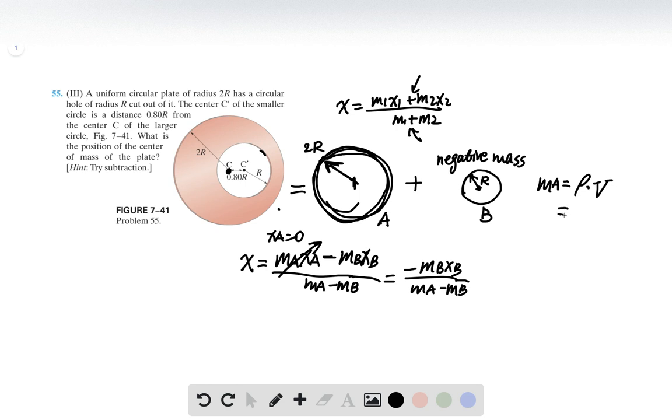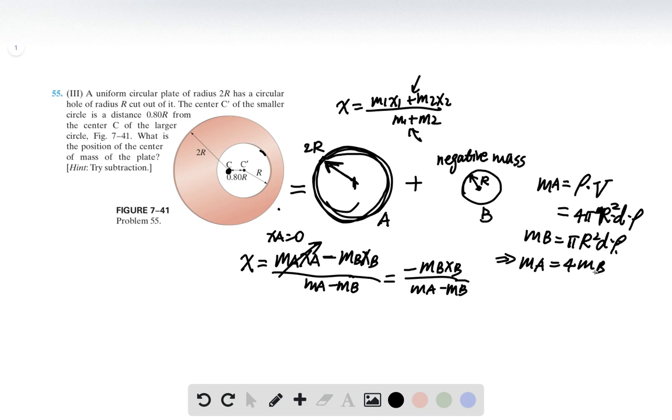So it's 4 pi r squared, that's the area, times some thickness, I'll just call it d. It will be the same for both of them, so it will cancel anyway, times rho. And MB equals pi r squared times d times rho. So because of this, we can see that MA equals 4 times MB.